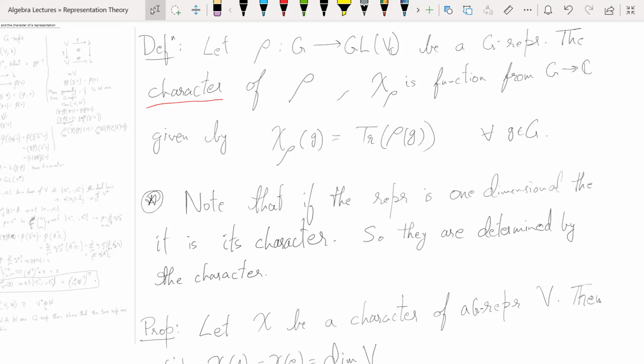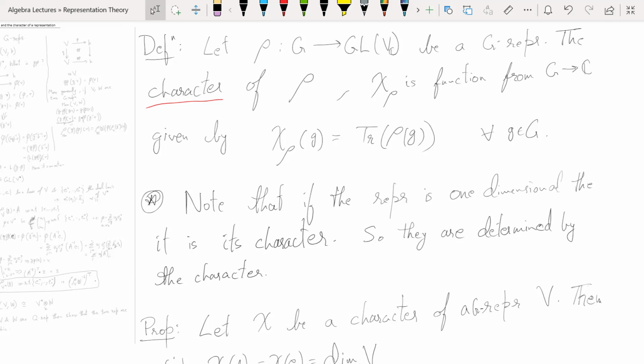One option is that you take the zero map. So if V and W are not isomorphic, it's going to be zero.